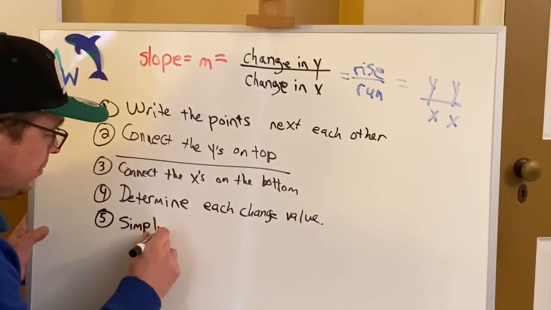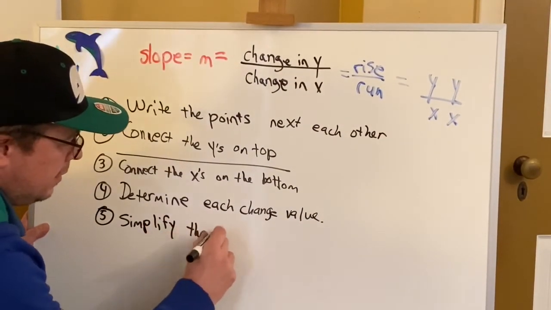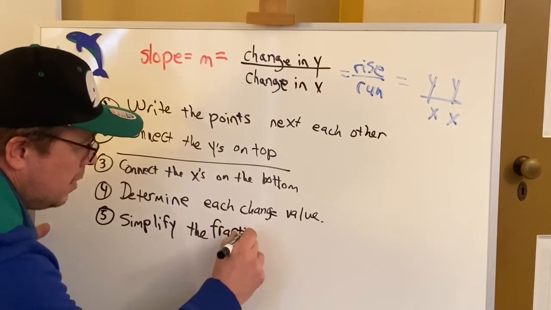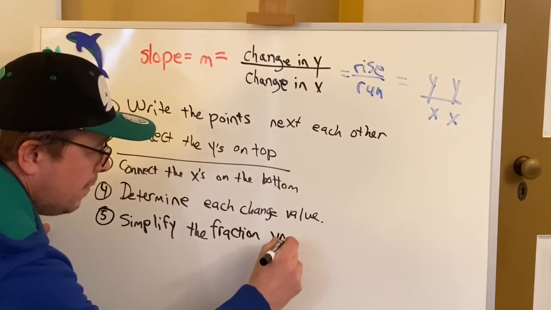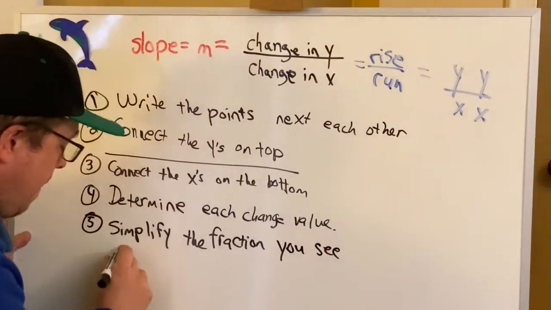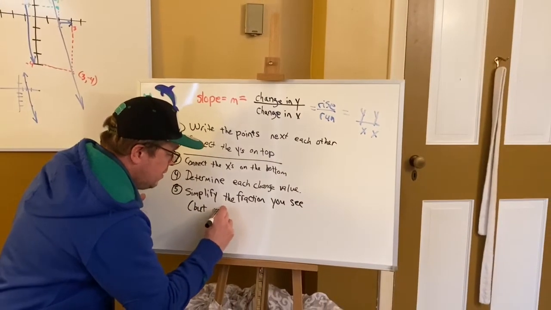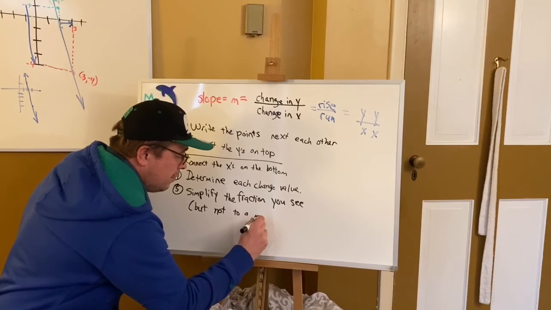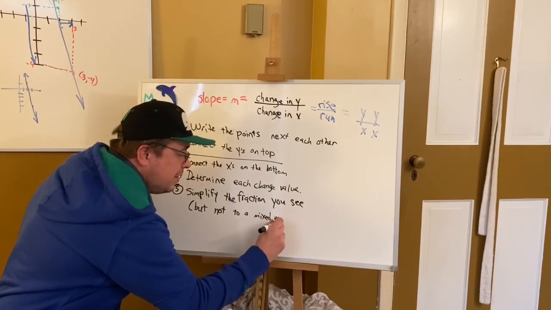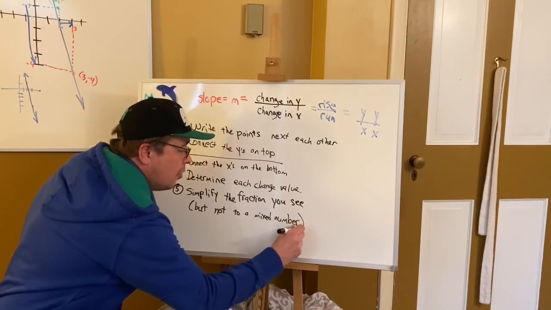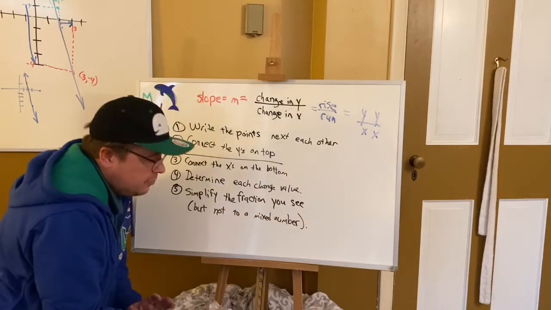When you do that, you simplify the fraction, but not to a mixed number. If it's going to be an integer, great, write the integer. If it's over 1, you can leave it over 1. It'll help you get some jobs done.